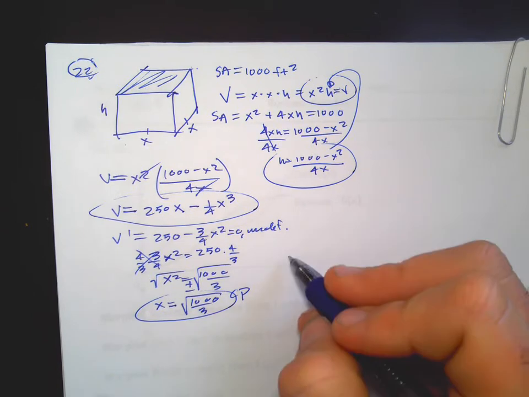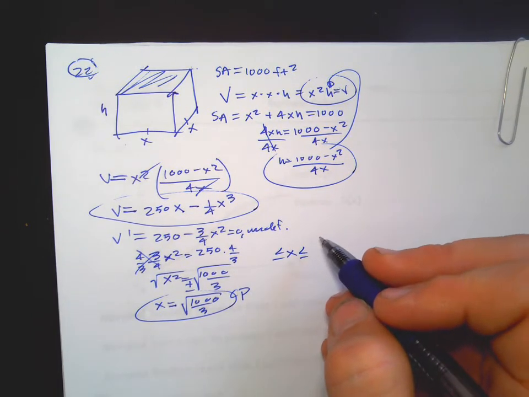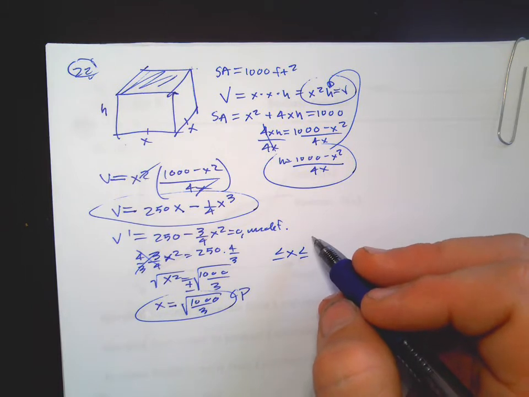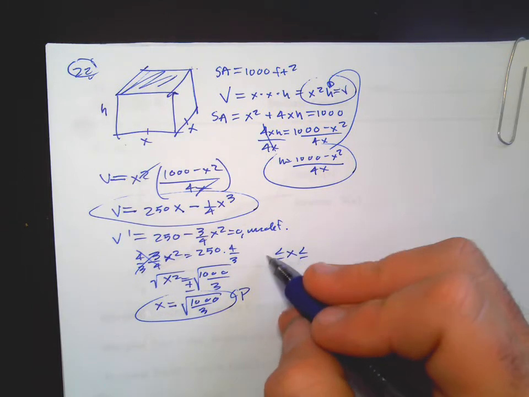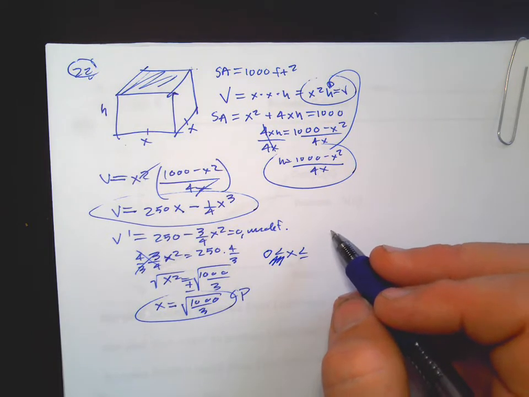Our endpoints. What's the smallest x can be? Could x be 0? x can't be 0 because then you don't have any surface area. And it says we have to use that. What's the biggest x can be?